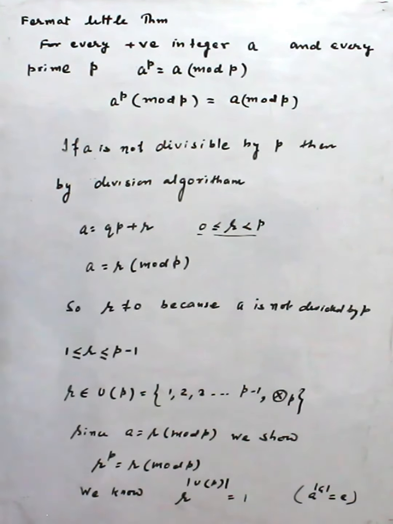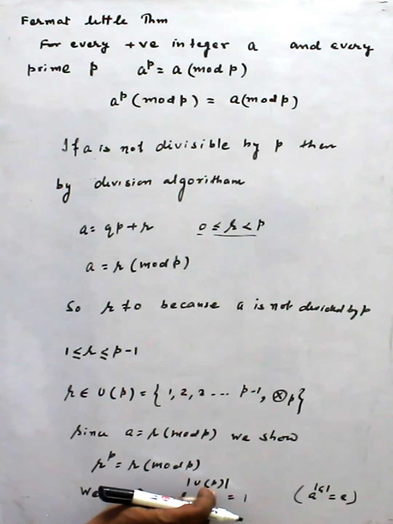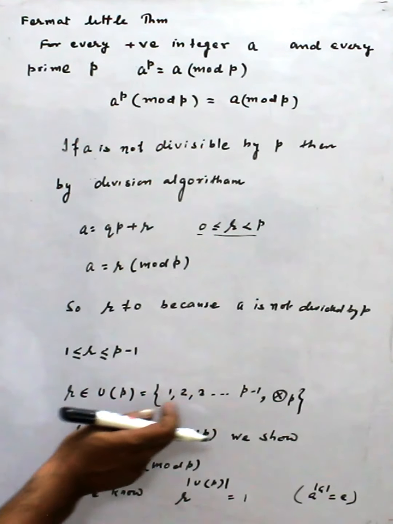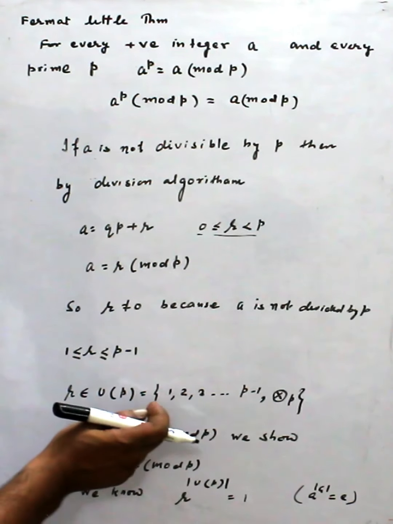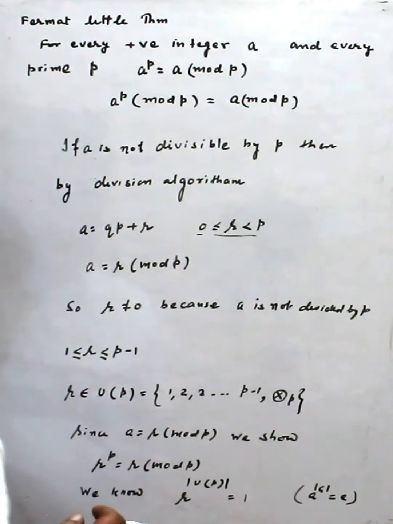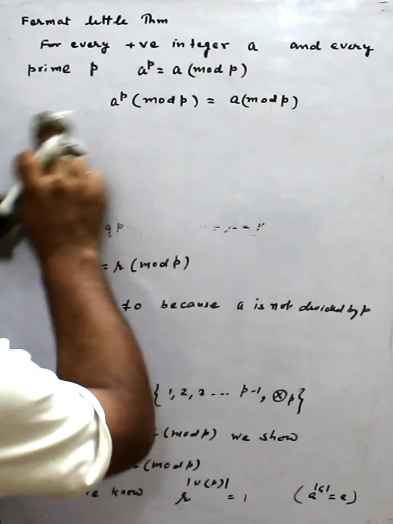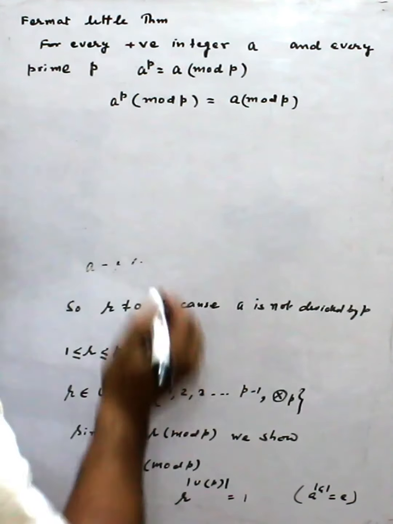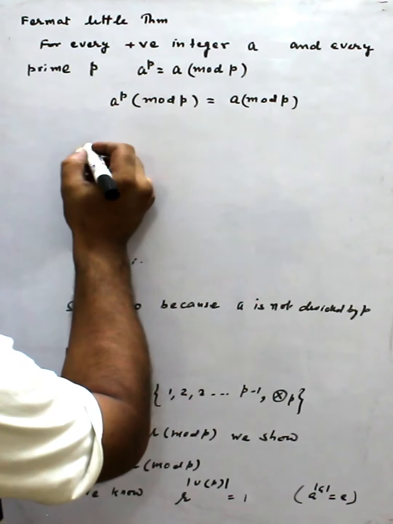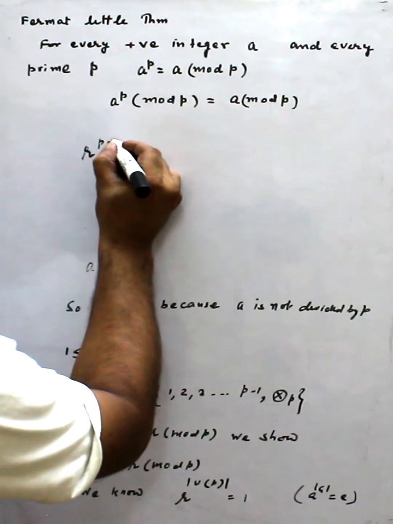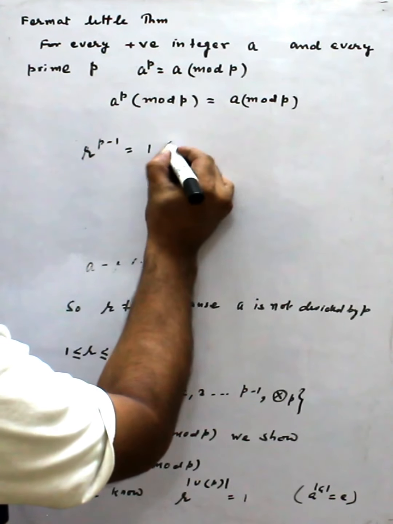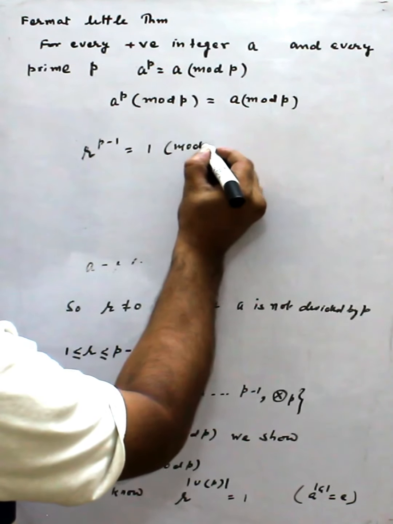This is a corollary we proved. That means the order of U(p) is obviously the number of elements, p minus 1. So here this becomes r raised to p minus 1 is equal to 1 mod p.